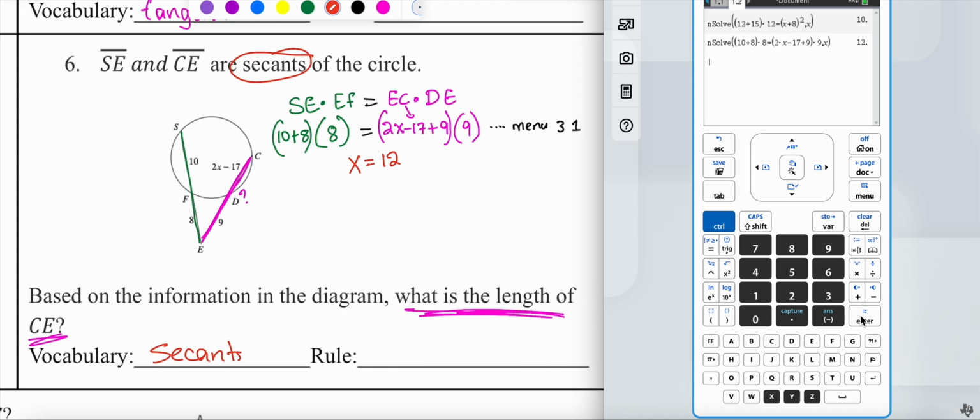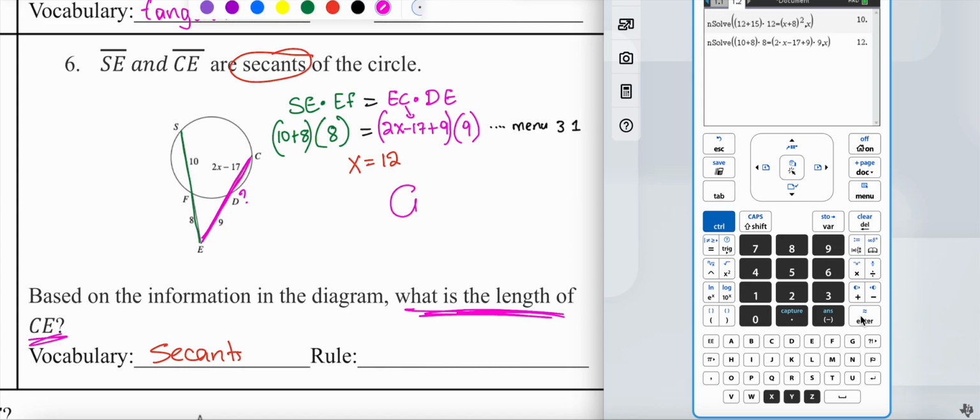Now the question asks us to find the length of CE. So this is not the final answer. This is just what x is equal to. So we need to go and find the length of CE. So CE is going to be your 2x minus 17 plus the 9.